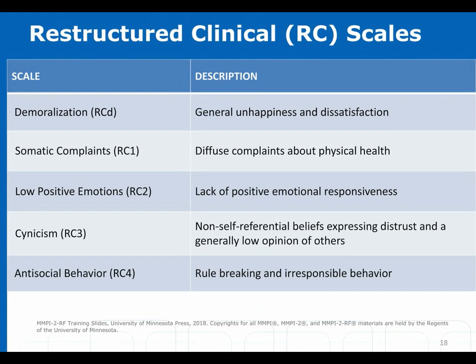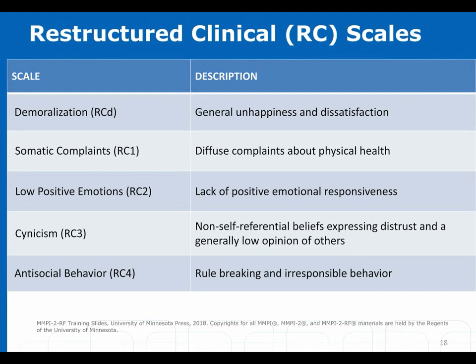In DSM-5, we now have somatic symptom disorder, which occurs when an individual has somatic complaints that cause significant distress or impairment. And to that end, somatic complaints can be a good indicator of somatic symptom disorder.